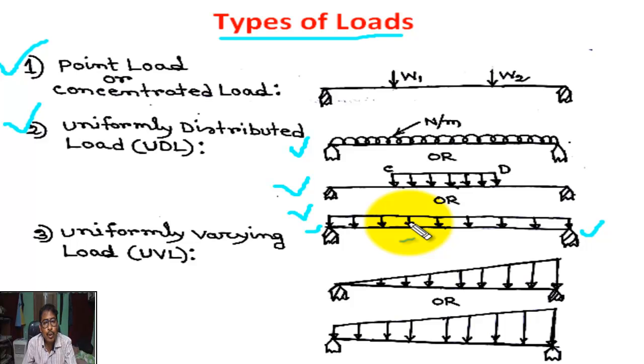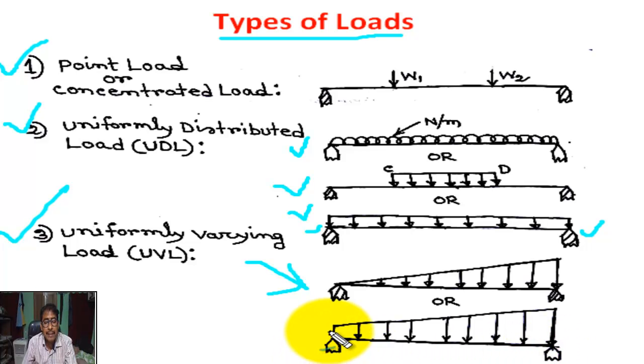Number three, uniformly varying load. This is a simply supported beam. Load is varying uniformly from 0 to a particular value. Here this is also a simply supported beam. Load varying from a lower value to a higher value.